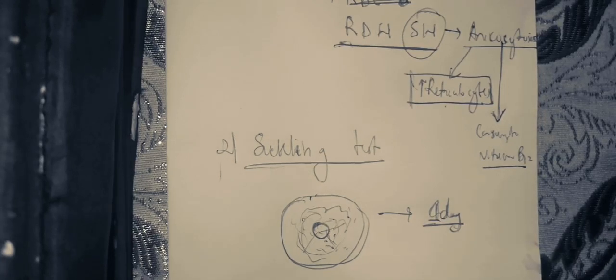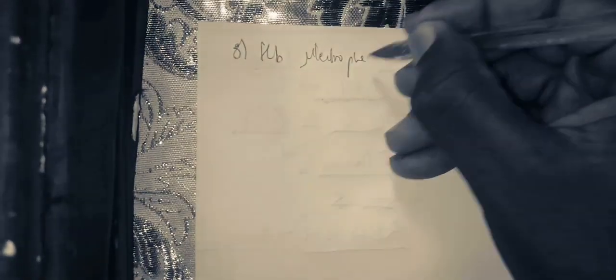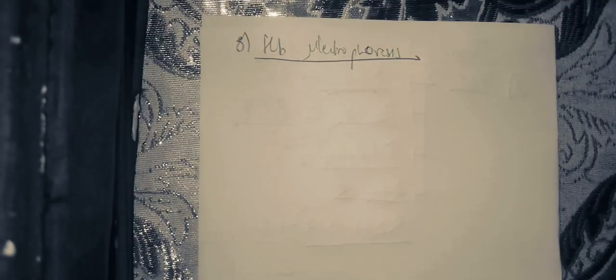Now the next test after the sickling test is the hemoglobin electrophoresis. So the last test to confirm sickle cell is the hemoglobin electrophoresis. It gives you the different hemoglobins that you can have and the percentage of each of them. You have the hemoglobin A percentage and the sickle cell hemoglobin percentage.